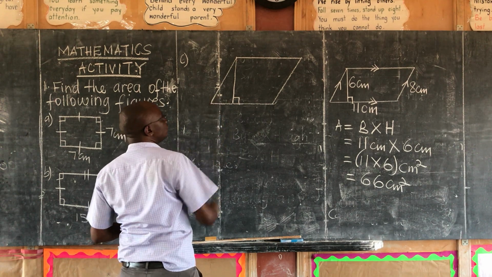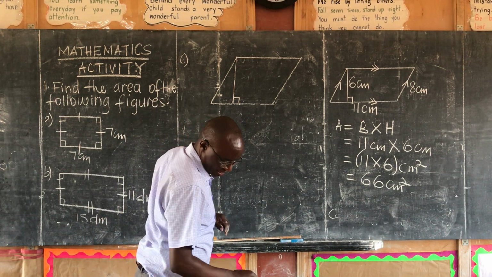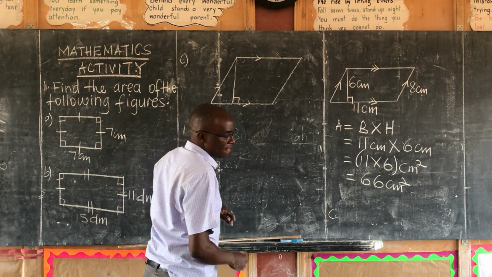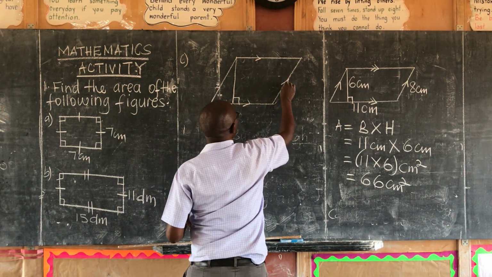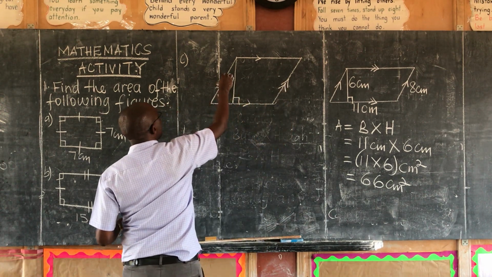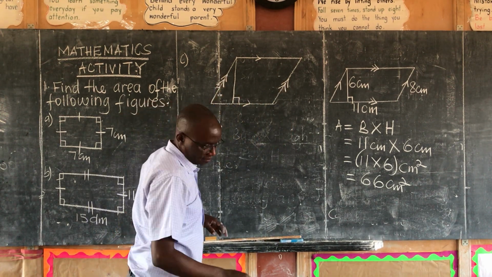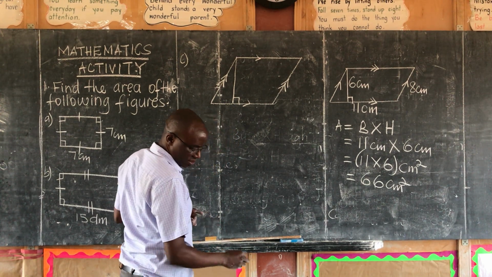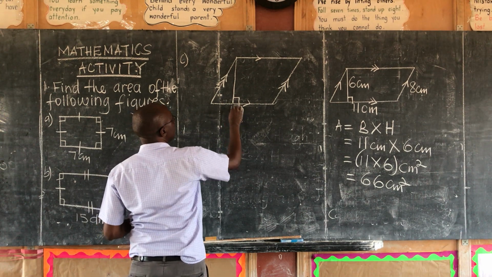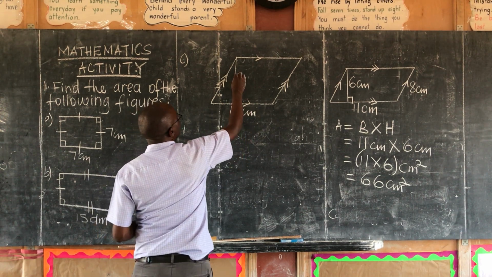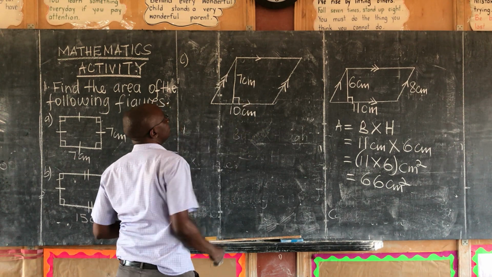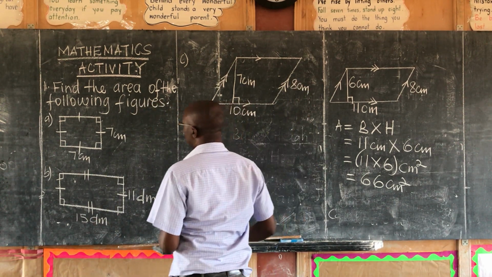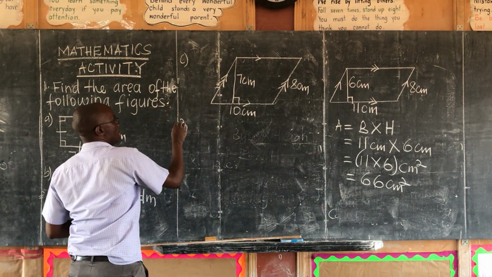You should be able to tell by looking at the diagram which figure it is. The opposite sides are parallel to each other. So this is 10 centimeters. This is 7 centimeters. And this is 8 centimeters. So calculate the area of that figure.